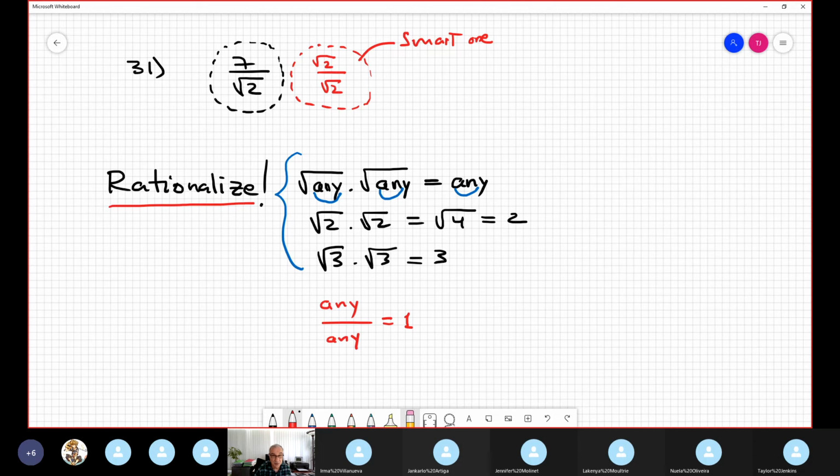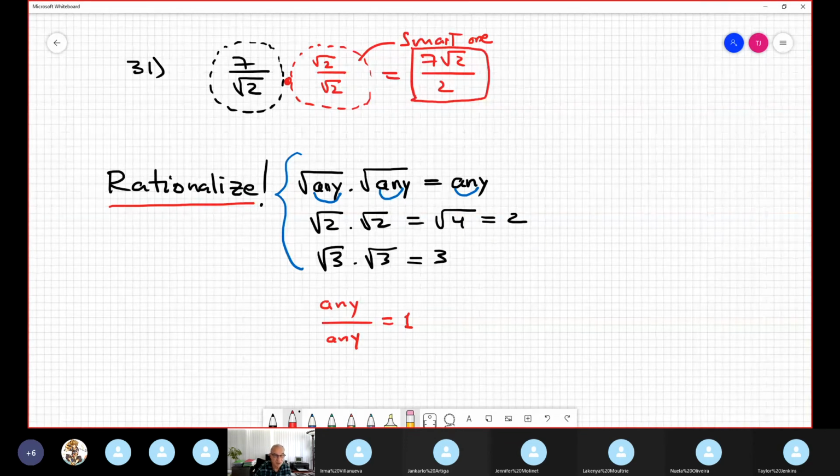And 1 is invisible, so actually it is nothing, because multiplication by 1 is nothing. And you multiply top and bottom: radical 2 times 7 is 7 radical 2. And radical 2 times radical 2 is 2. And I finish. I eliminate the radical in the denominator. This process is called rationalize. Do you understand? Or confused?